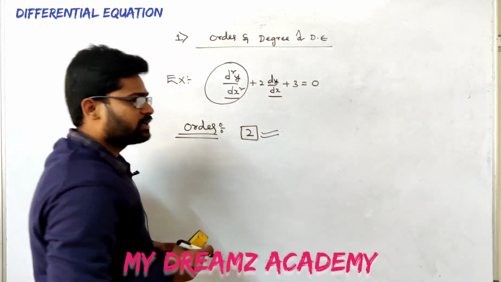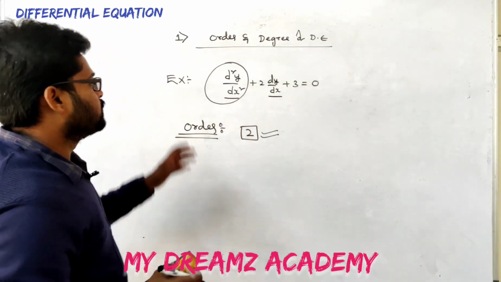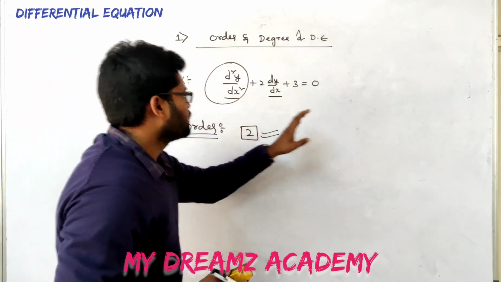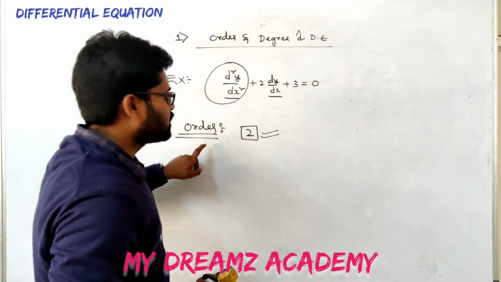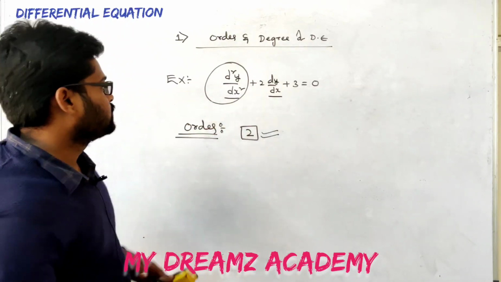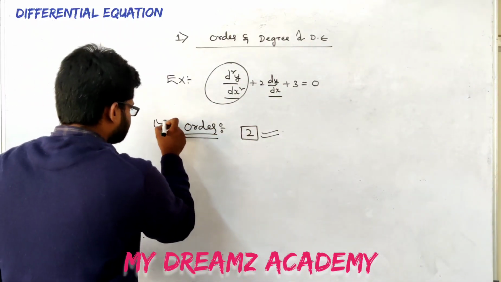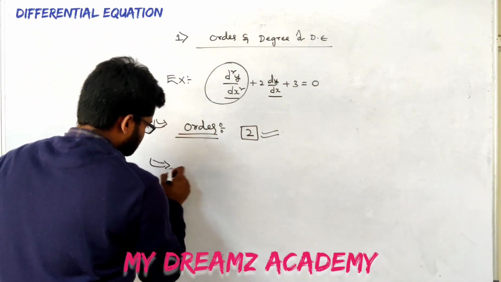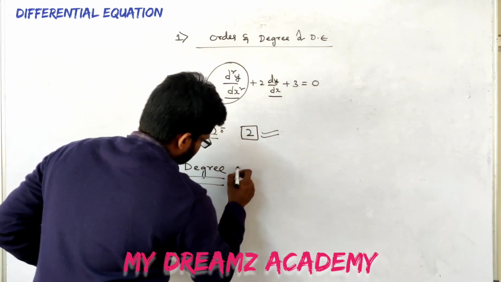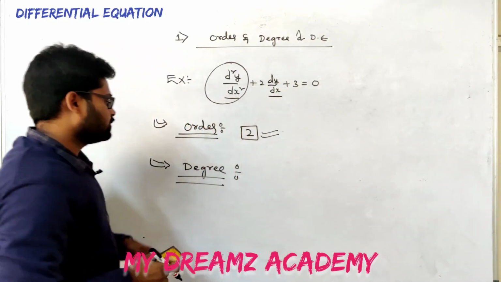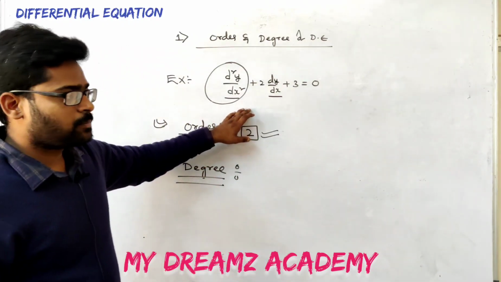How to find the order of the given differential equation? We have to see the differential equation. The highest power of differential coefficient is nothing but the order of the given differential equation. Now coming to degree. How to find the degree of the given differential equation?